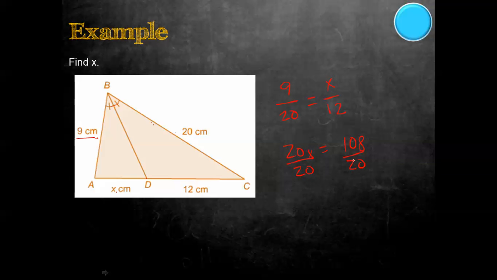And then I'm going to divide both sides by 20, and I'm going to get that x equals 5.4. Okay, and if I were to plug in 5.4 back up here, 9 times 12 is 108, and 20 times 5.4 is also 108. So I know that that's true. I know that x can equal 5.4.